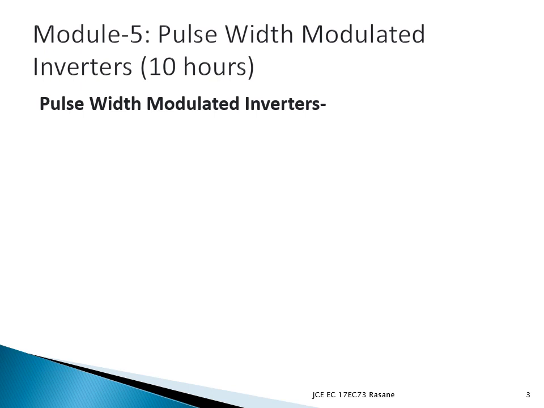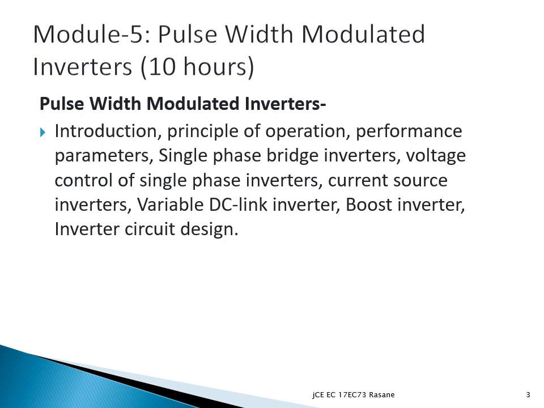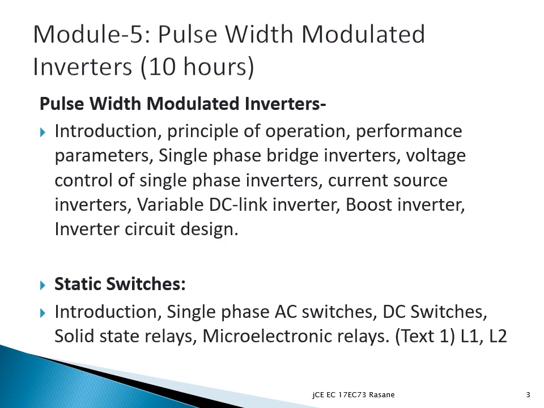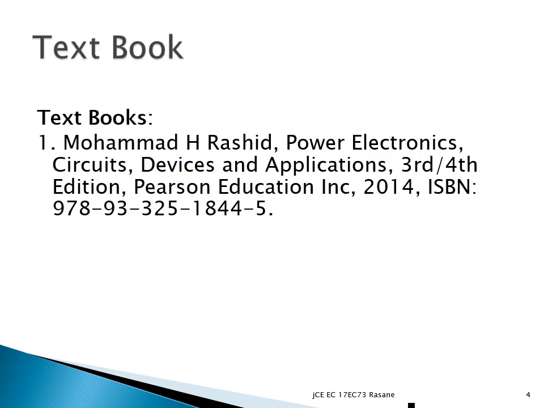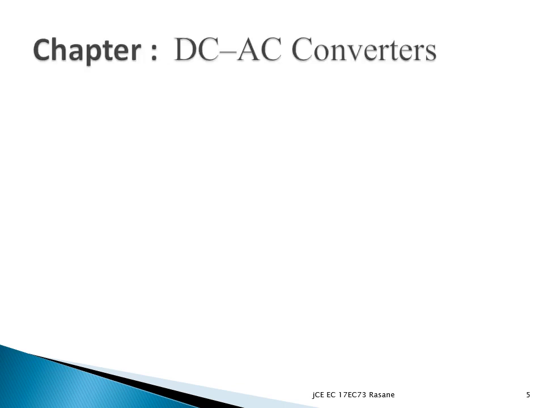First one is the pulse width modulated inverters themselves, which consists of these particular topics: introduction, principle of operation, performance parameters, etc. And we have one more topic included in this module, and that is static switches, in which case we'll be dealing with some AC switches, DC switches, and solid state relays with microelectronic relays as well. The textbook that we are referring for this module is again textbook 1, Mohammad Rashid, Power Electronic Circuit Devices and Applications.